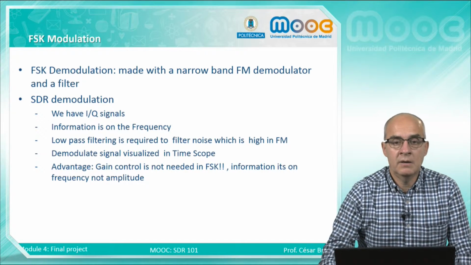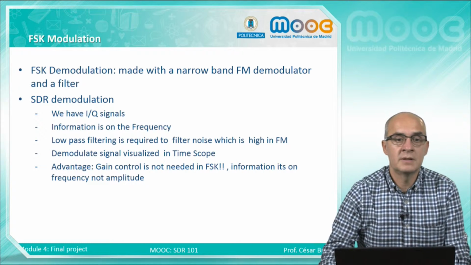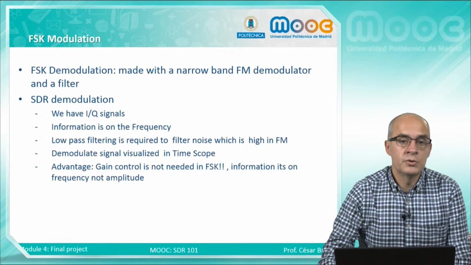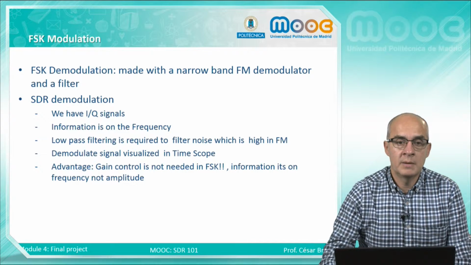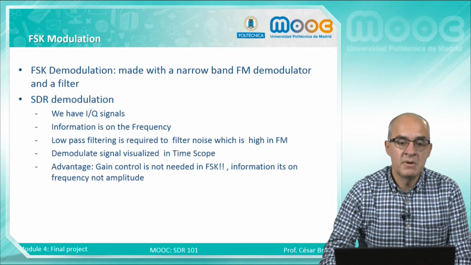We will use the narrowband FM demodulator, and as in the case of wideband, it is necessary to put a low-pass filter after the demodulator. Then we'll use the time scope to visualize the demodulated signal before and after the filtering.